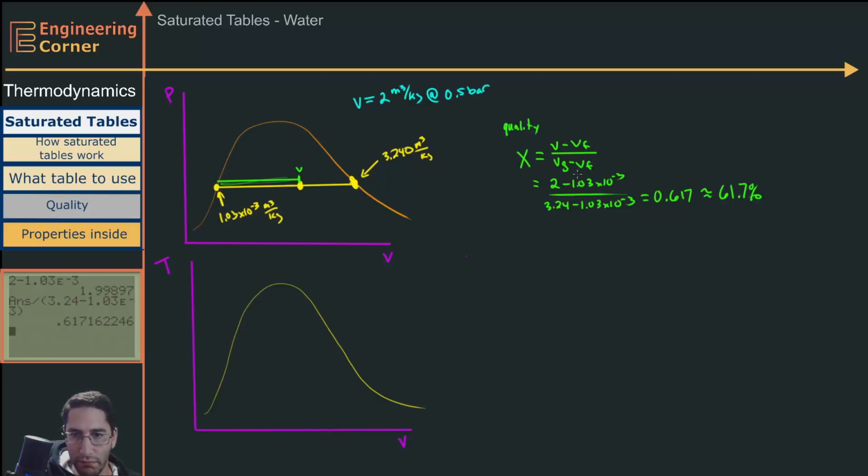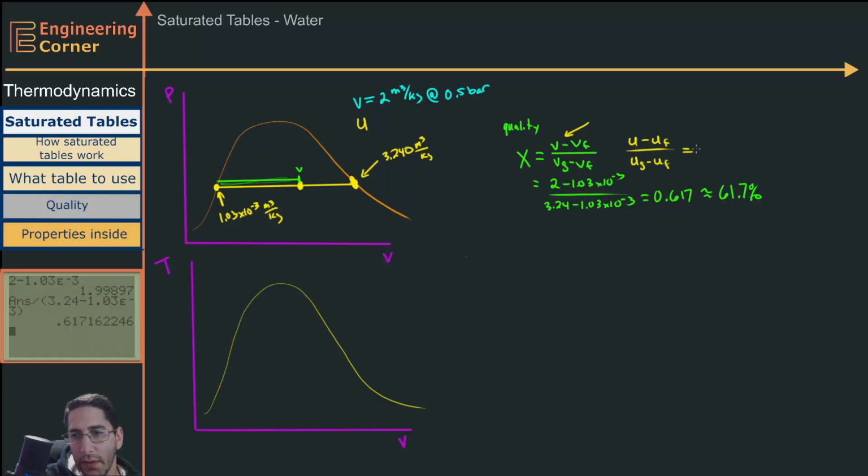But now, let's say we were also asked to figure out what is our specific internal energy. Well, how do we do that? We know that the quality is going to be the same, and really we don't need to just use this equation. We could have used U minus UF over UG minus UF.